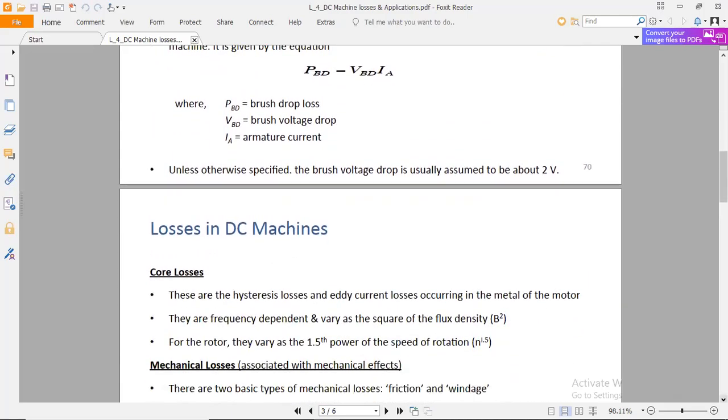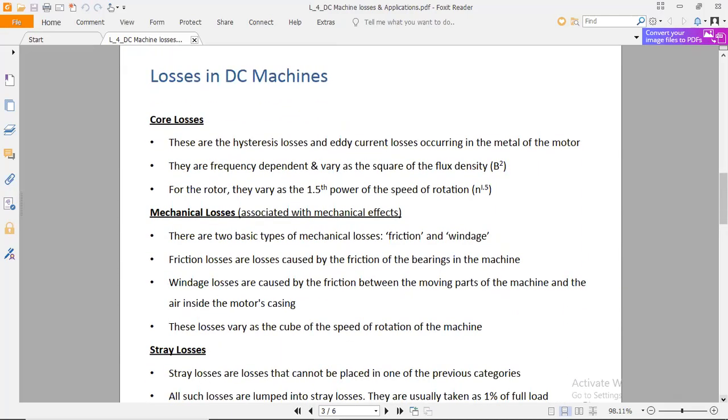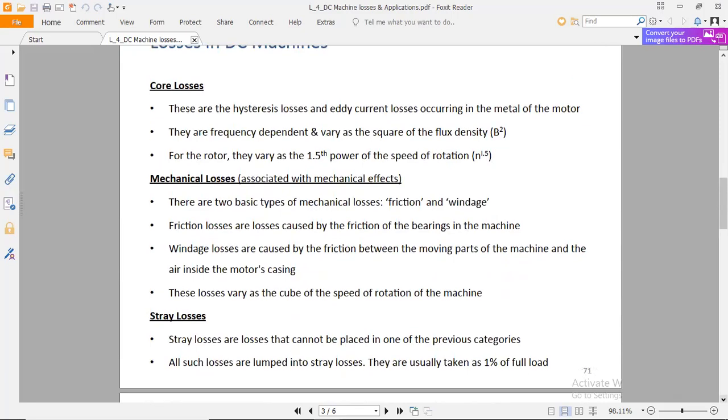Now losses in DC machines continue with the core loss. Core losses are the hysteresis losses. Hysteresis is the effect in which the flux or magnetic effect is stored in the core of the field or armature of the DC motor.